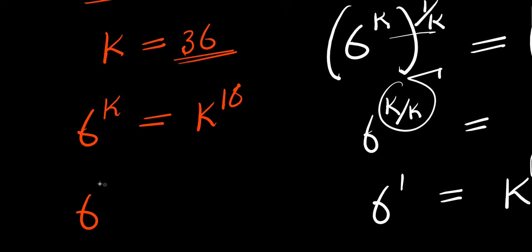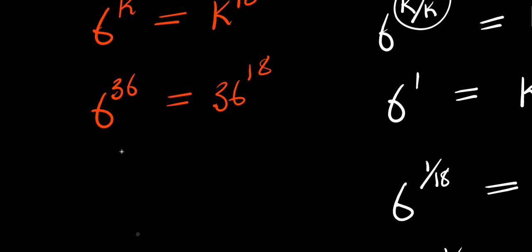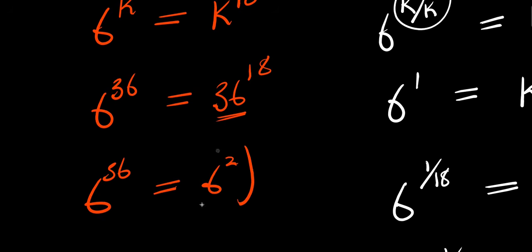So you have 6 power 36 equals 36 power 18. 36 is a perfect square, that is 6 power 2. This is to the power of 18.